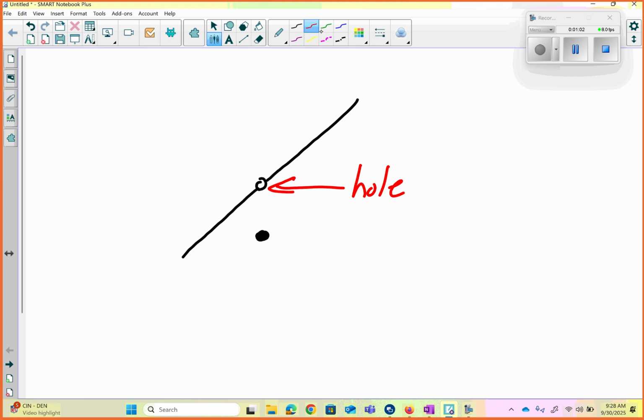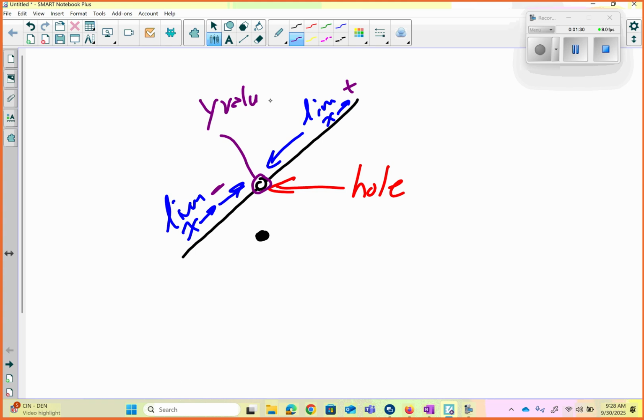So if we have a limit that is approaching this hole, or if I had a limit approaching the hole from this way, and so what they might say on this is this might be coming from the negative, this might be the positive. If the limit is coming to that hole, this y value is the limit.